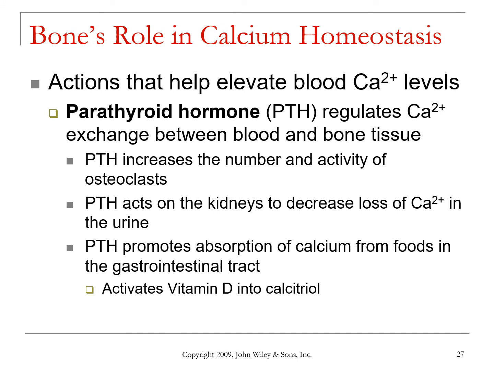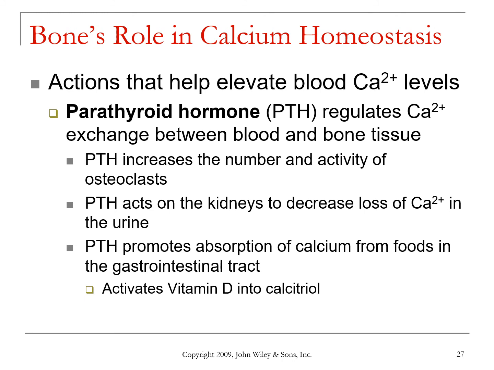The main target of parathyroid hormone is bone tissue, where parathyroid hormone increases the number and activity of osteoclasts. In doing so, the osteoclasts will break down or resorb old bone. This will release the stored calcium from the bone into the blood, thereby raising blood calcium levels back into homeostatic range.